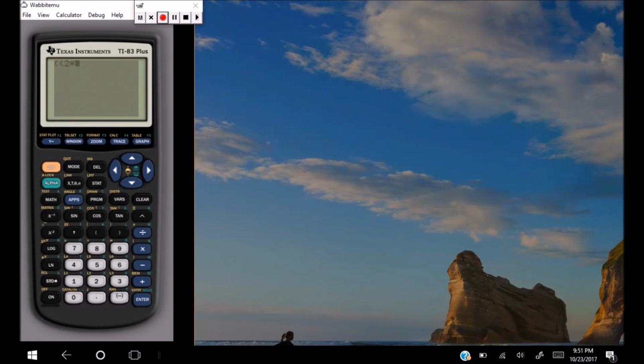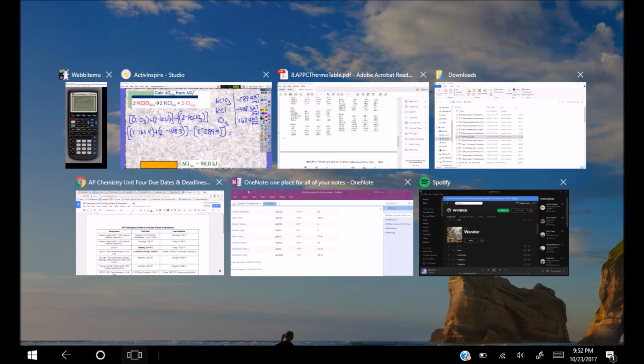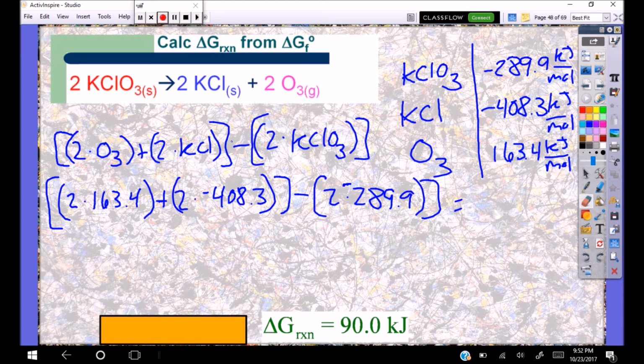We got 2 times 163.4 plus 2 times negative 408.3, minus 2 times negative 289.9. All right, and we get a positive 90. Let's confirm. Positive 90 kilojoules. Okay.